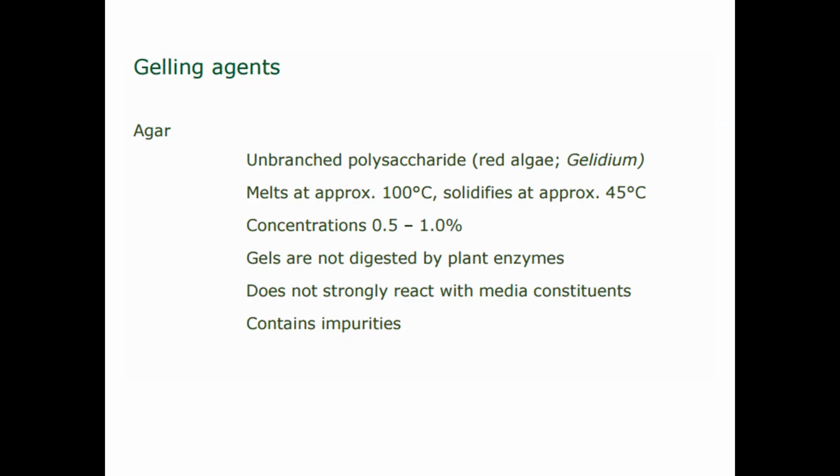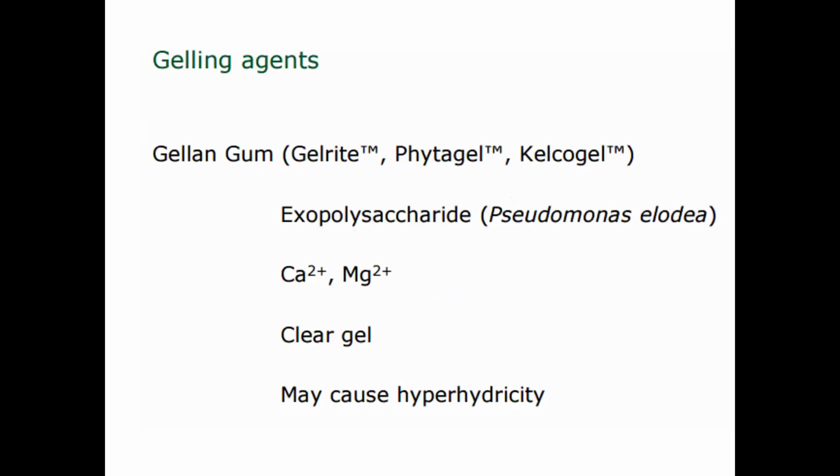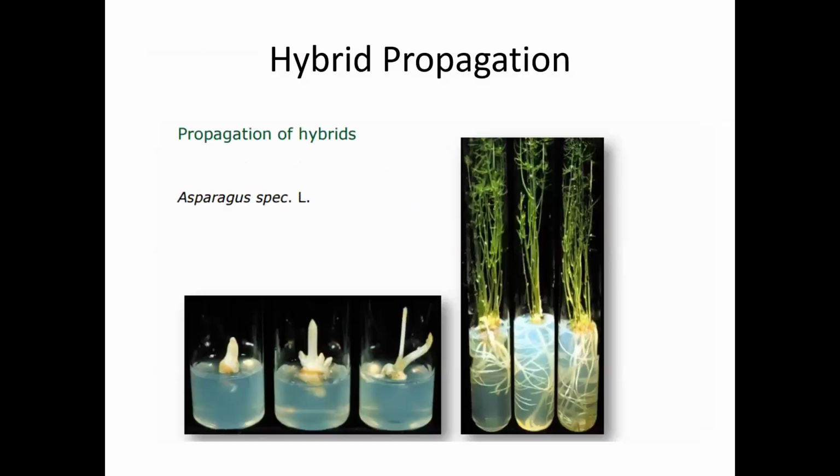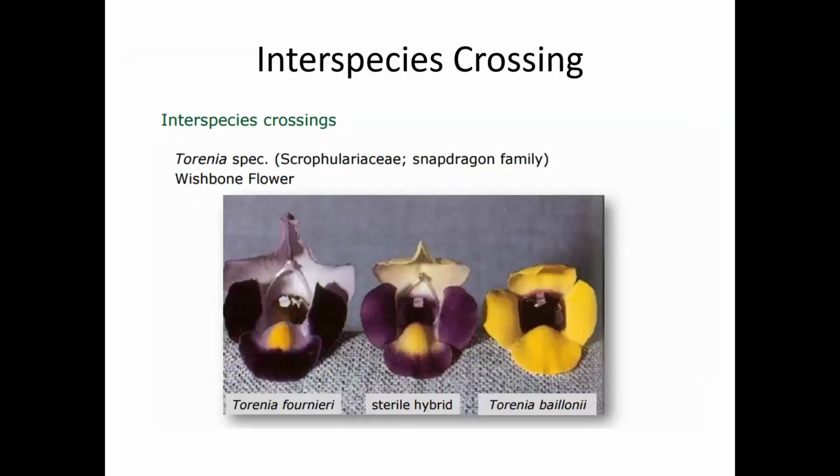So this gelling agent is used in tissue culture, and the nutrient media are combined and then autoclaved. The gelling agent can also be gellan gum, another exopolysaccharide from Pseudomonas.